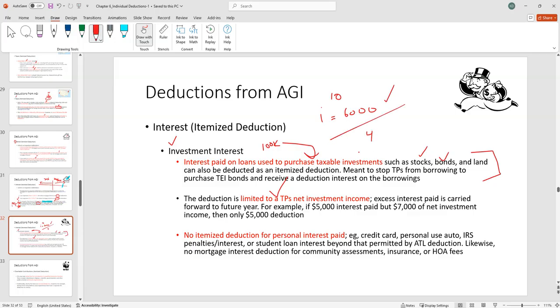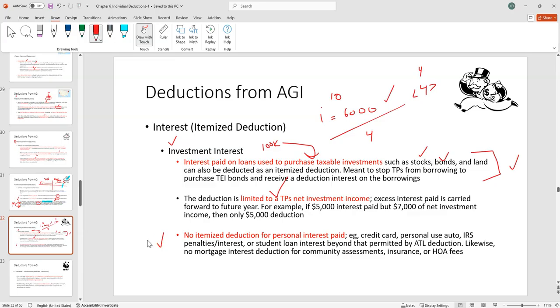It could theoretically take you down to 4, and you would itemize there, assuming again it was greater than the standard deduction. Compare that with, okay, the money we made from this, our net investment income, was 4. Even though you paid 6, the best you're going to deduct as an itemized deduction is 4. It's limited to that net investment income.